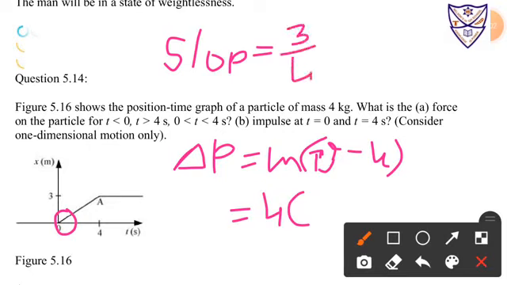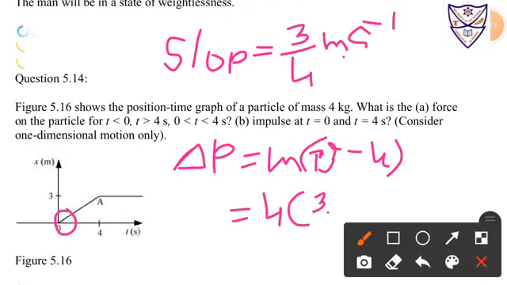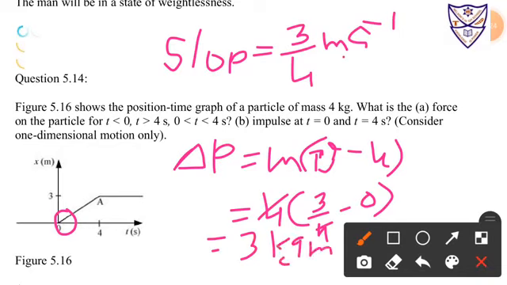This slope denotes velocity, the final velocity, so I write the final velocity as 3 by 4. Initially the object is at rest, so that's 0. So the 4 gets cancelled out, and we are left with 3. So our impulse is 3 kg meter per second. That's our change in momentum; change in momentum is our impulse.